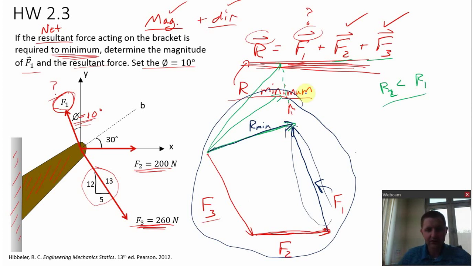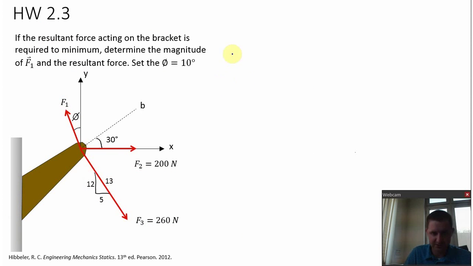Now I need to represent this picture mathematically. This is very important, to be able to mathematically describe the physics of the problem. When I add vectors mathematically, I need to divide each vector into its components and then add similar components. So we want to find the resultant vector, or we want to make it minimum, by adding F1, F2, and F3.